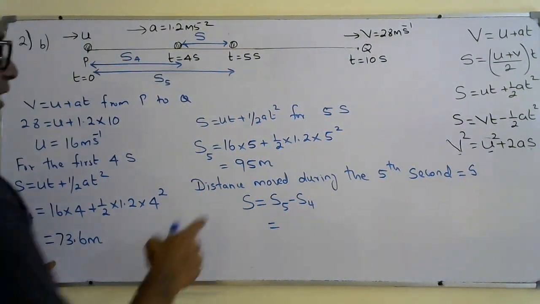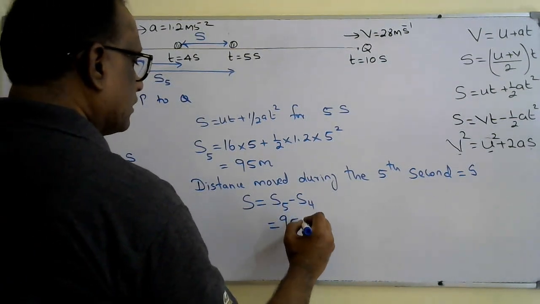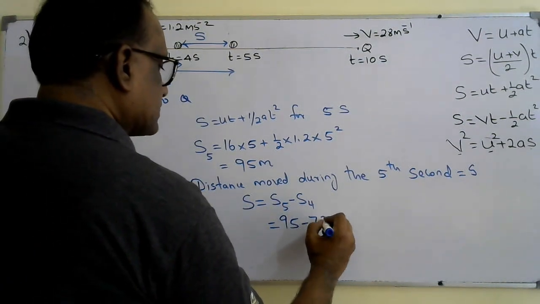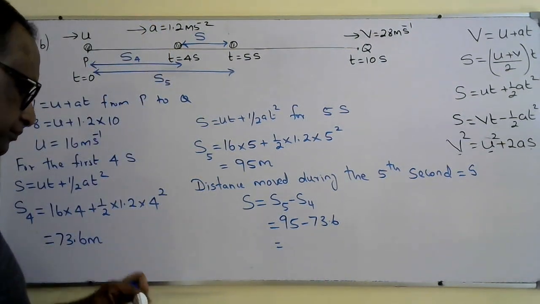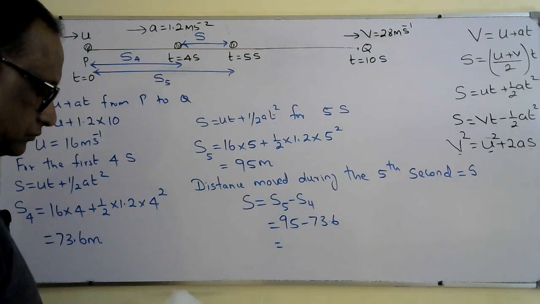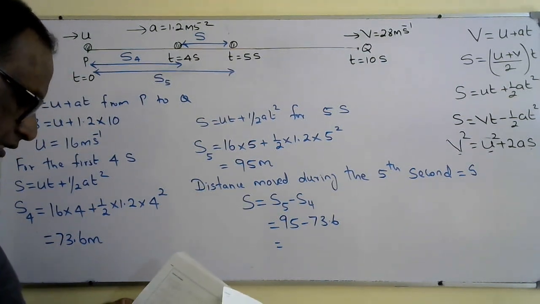S5 is 95 minus 73.6. So the answer will be 21.4.